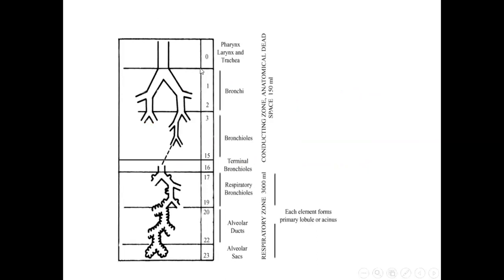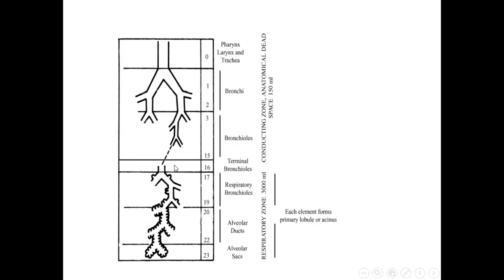You can see the divisions of the airway starting from the pharynx and larynx, then the trachea. The trachea divides into two main bronchi, still dividing to about 16 divisions, ending with terminal bronchioles. Up to this level is called the conducting zone.